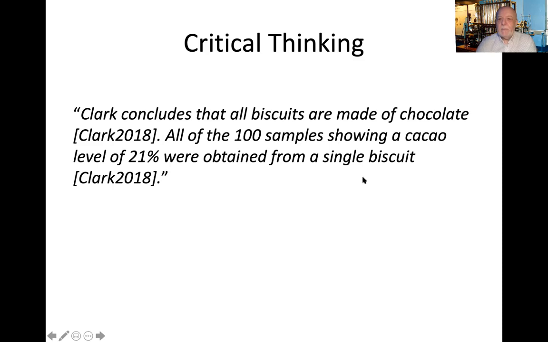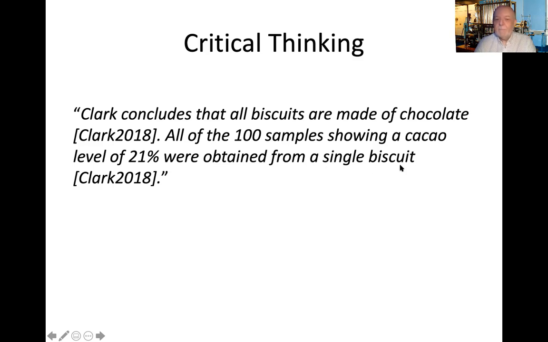So reading this, they've made some measurements, which is good. They've done 100 samples, so that's good in that it's not just one. But all of those samples were obtained from a single biscuit.